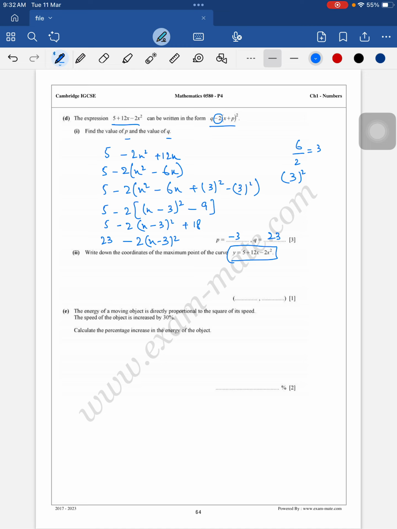The thing which we've solved in the previous part is asking to take out the maximum point. So I'm comparing this part with a(x minus h) the whole square, plus k.